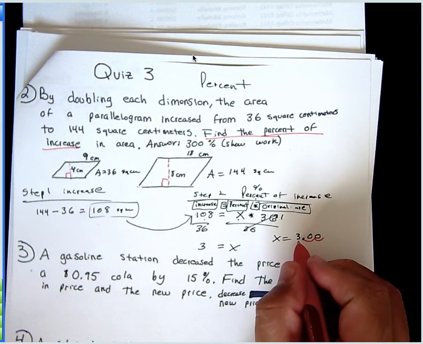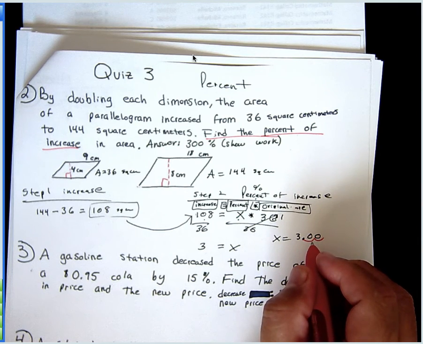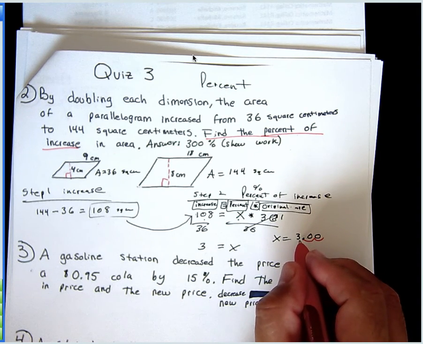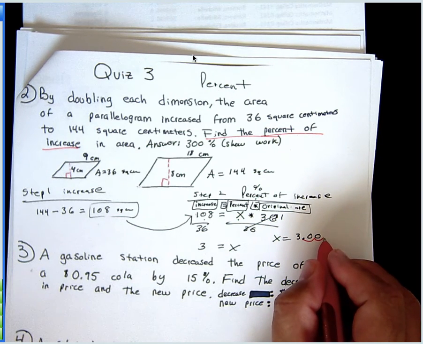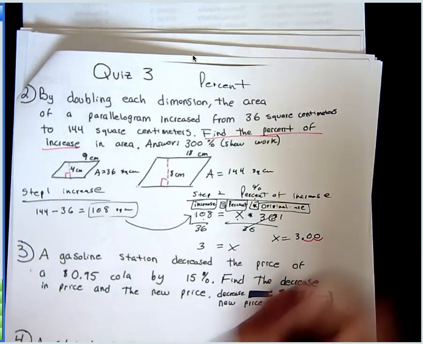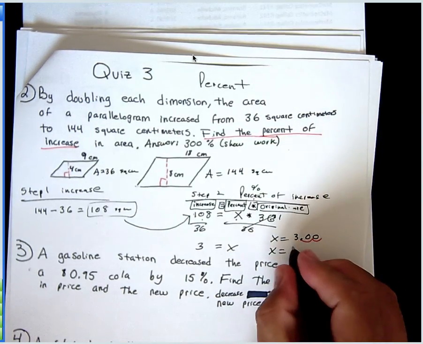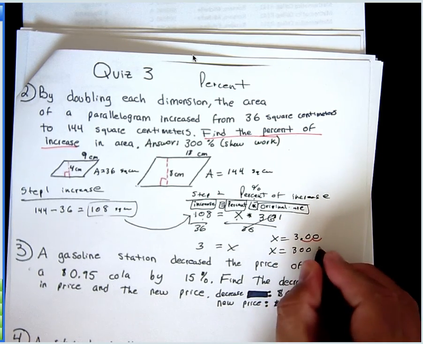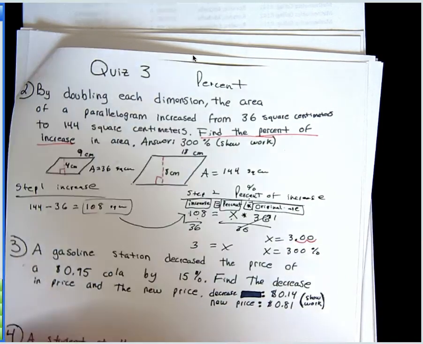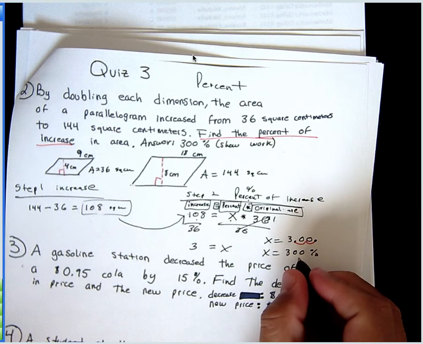In this case, it's not a decimal, it's just the number 3. But you still have to move the decimal to find out the percent, which would be 300%. When you move that dot here, it becomes 300%.